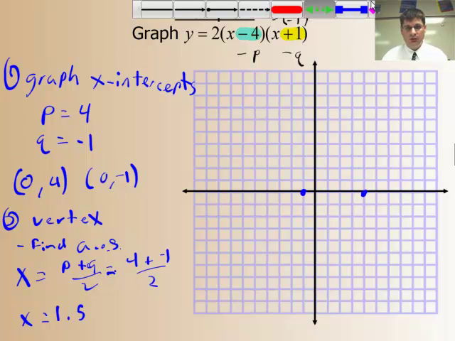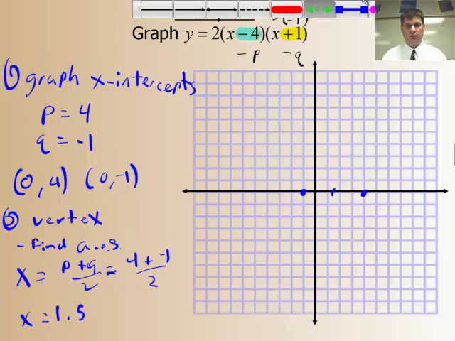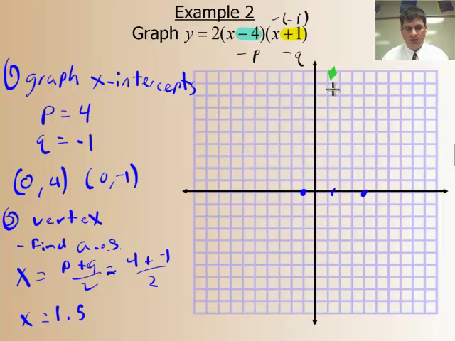Actually, let me find that on the x-axis. That's going to be 1 and then halfway between right here. So let me draw that in. Here's my axis of symmetry, halfway between 1 and 2.